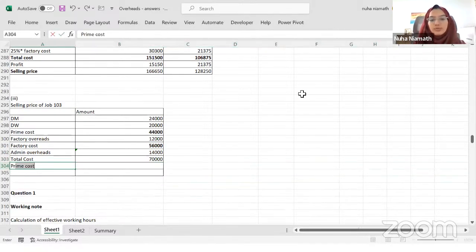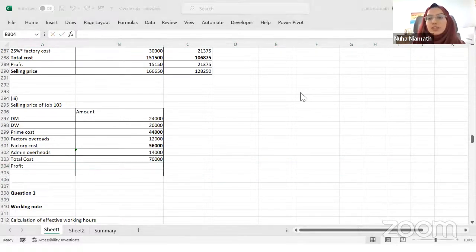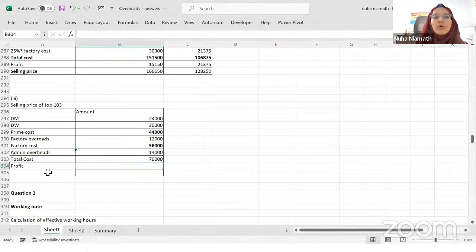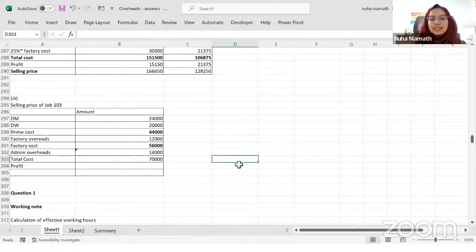Profit is given to us here on selling price, right? We can't take it on cost. This is the catch. So we find the selling price and then we have to do a back working here. We know that profit is equal to 12.5% of selling price, which is X. So if I quickly summarize it, total cost plus profit is equal to selling price.